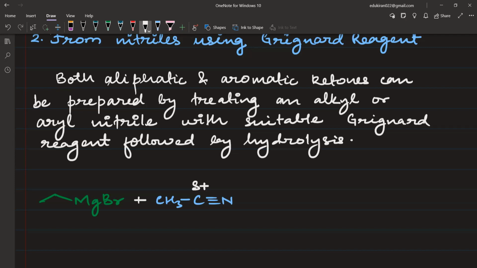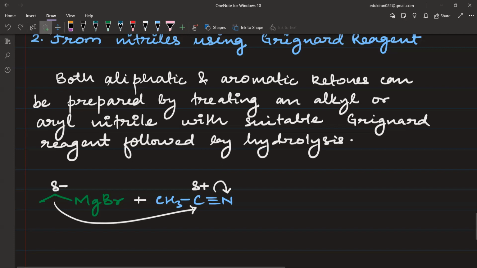Now this carbon is attached to magnesium, which is an electron donating group because it is a metal element and metal loses electron. So this will get delta negative. Now this carbon atom is going to attack this carbon atom, and one pi bond is going to break like this.